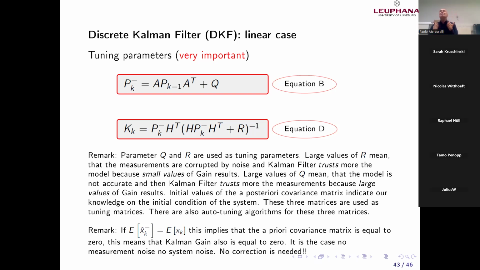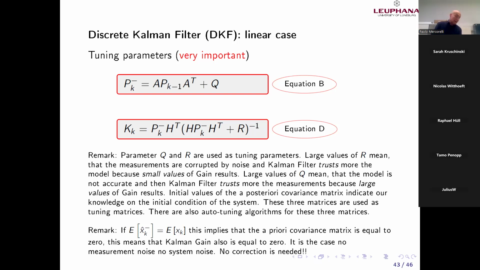Of course, this cannot be known exactly because they are statistical. This means we cannot, in particular Q, characterize the model using a Gaussian uncertainty with Q which exactly reflects reality. This holds also for R. This means Q and R can be used as tuning parameters.